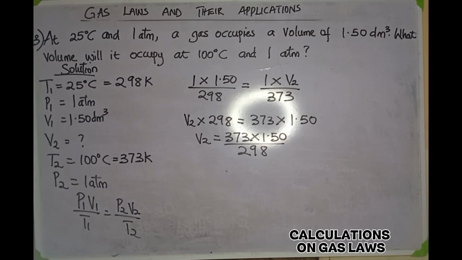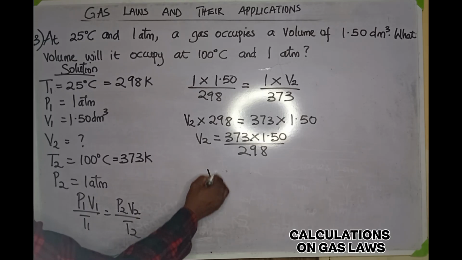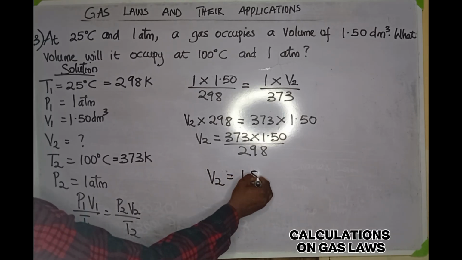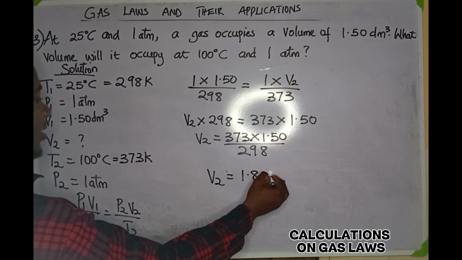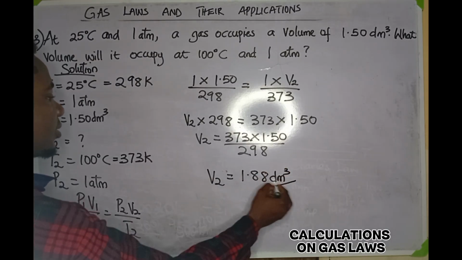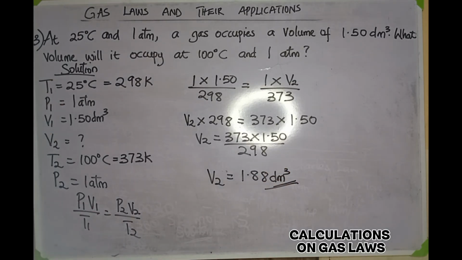So V2 is approximately 1.88 dm cube. Are you seeing it? Now let's compare. Temperature increased from 298 to 373, so volume increased from 1.5 to 1.88. Accurate.